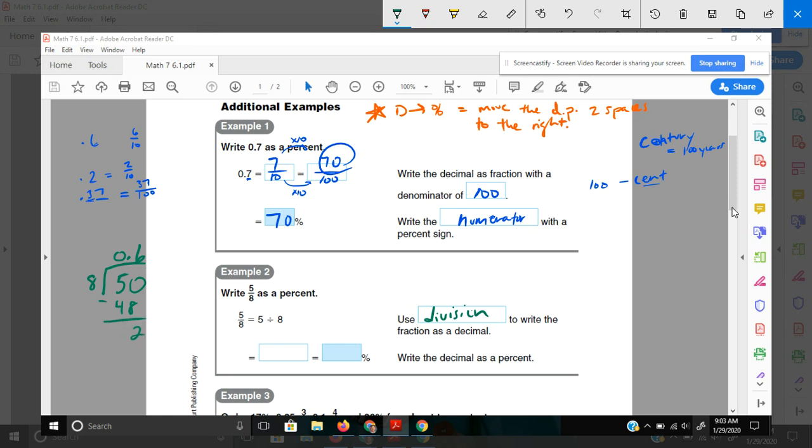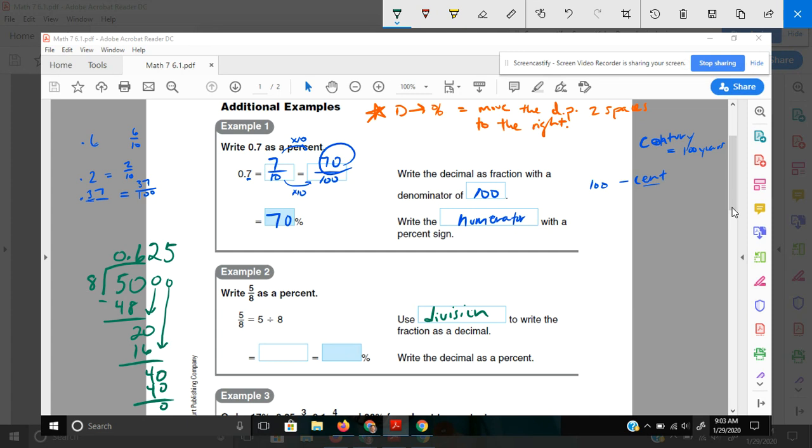Subtract, I get 2. Bring down another imaginary 0. 8 goes into 20 twice, which is 16. Subtract, I get 4. Bring down another imaginary 0. And 8 goes into 40 5 times. And then I'm done, because I have nothing left.